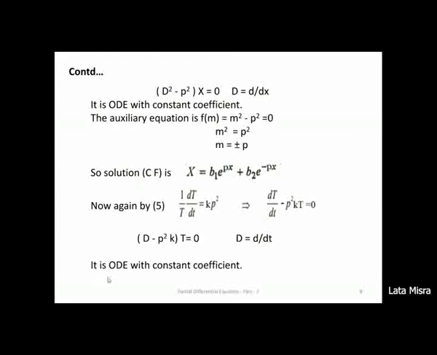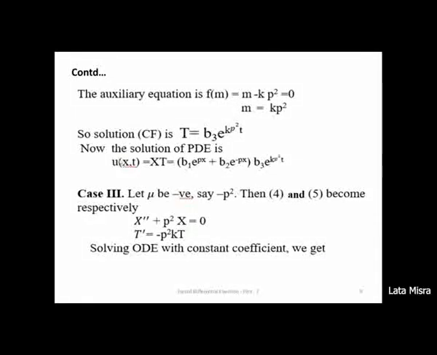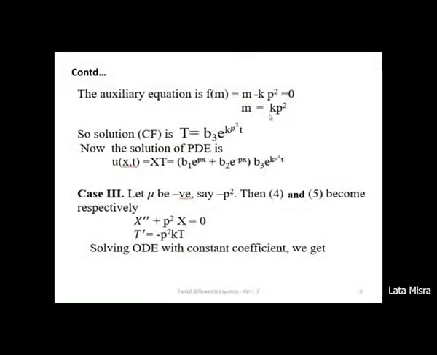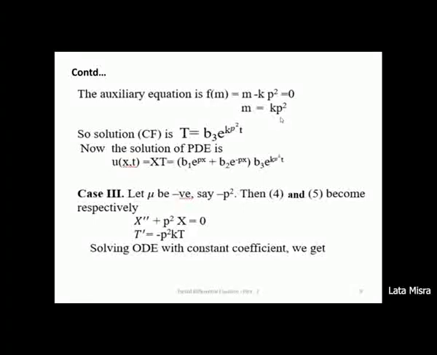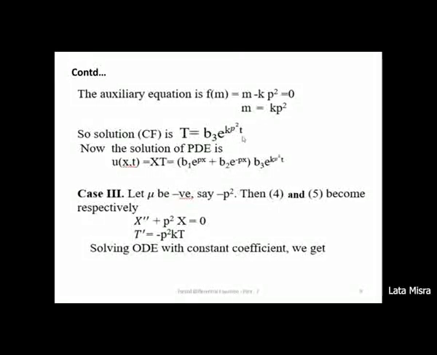It is also an ordinary differential equation with constant coefficients. The auxiliary equation is m minus kp² equal to 0, and the value of m is kp². So the solution is given as T equals b3 e^(kp²t).